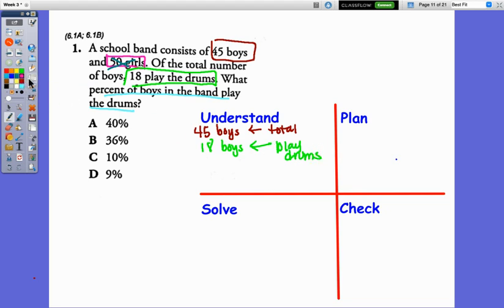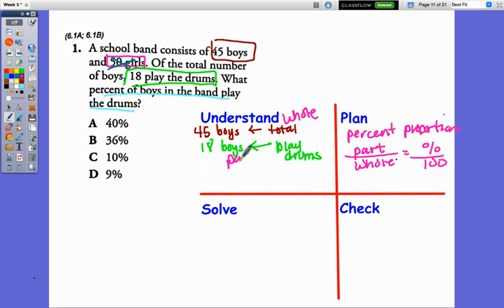My plan is to set up a percent proportion. What is a percent proportion, you ask? Well, that was a very good question. It is part to whole equals percent over 100. And so my total is a whole, and the number of boys is my part.